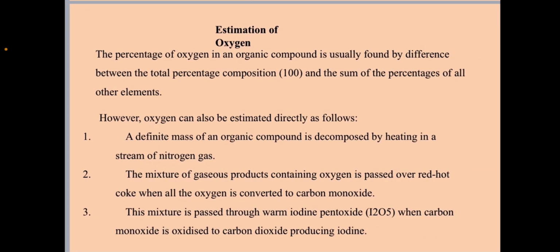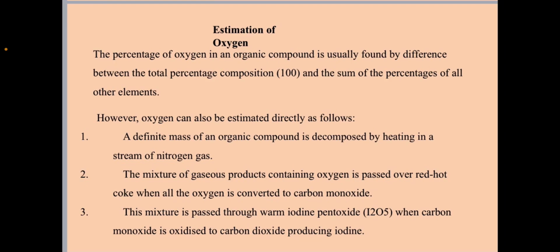So next is the estimation of oxygen. The percentage of oxygen in an organic compound is usually found by difference between the total percentage composition and the sum of the percentage of all other elements. However, oxygen can be estimated directly. First, a definite mass of an organic compound is decomposed by heating in a stream of nitrogen.